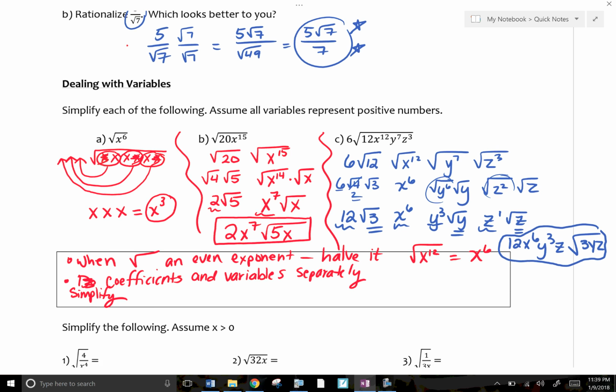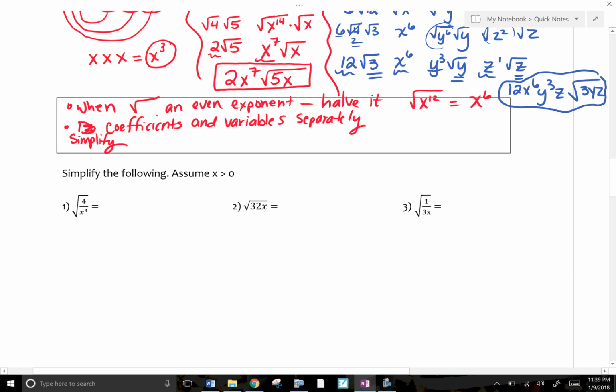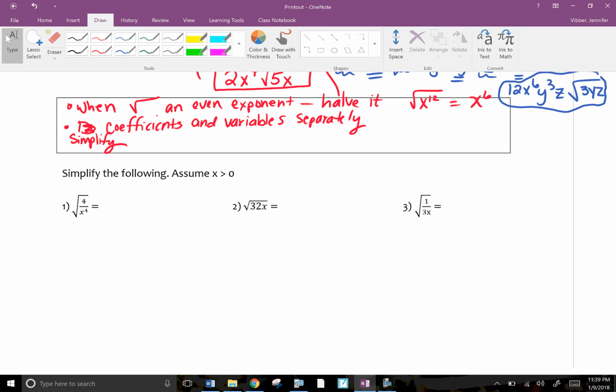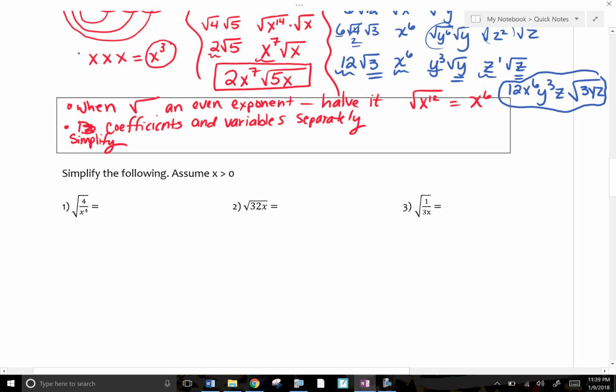Okay? So, really quick, let me do these guys down here, and then you guys are done listening to me drone on from behind a screen. So if I have this, I have a fraction with two things. I can't simplify it yet, so I'm going to separate it and say that's root 4 over root x to the 4th. The square root of 4 is 2. The square root of x to the 4th, that's even. It gets cut in half.